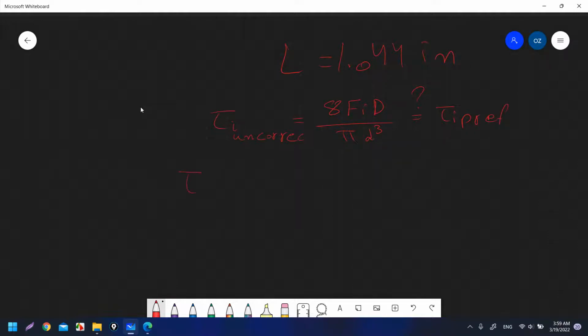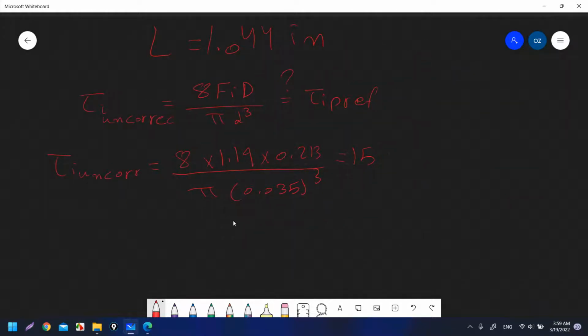So Ti, the uncorrected, is equal to 8 times Fi, given in the question as 1.19, times d, the mean diameter 0.213, over pi times 0.035, the wire diameter, cubed. The answer will be in pounds per square inch.